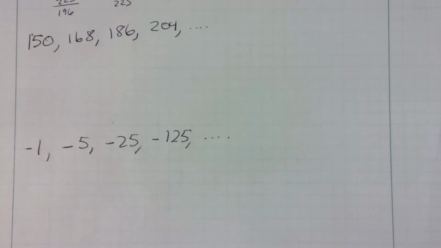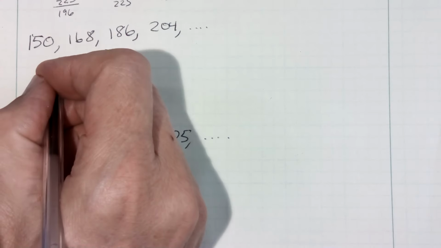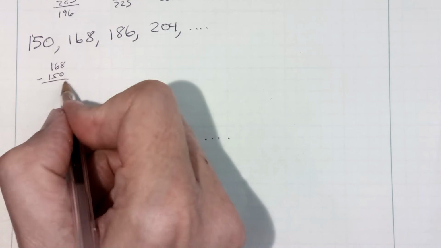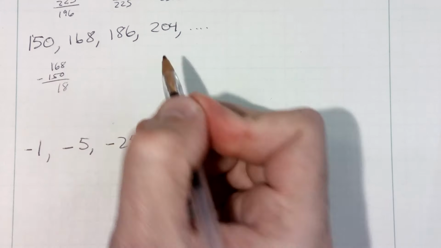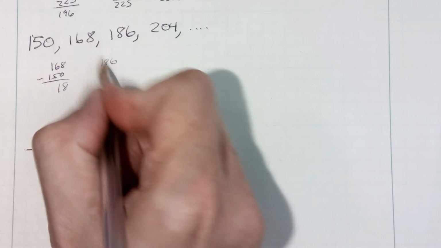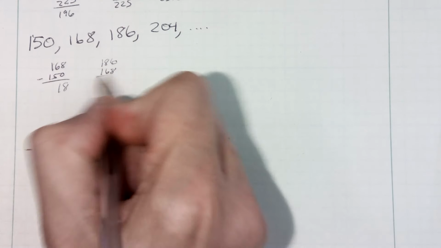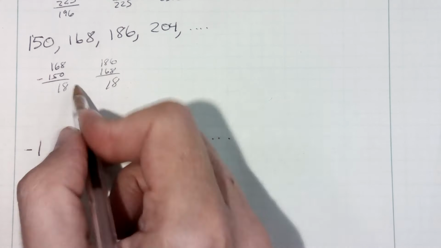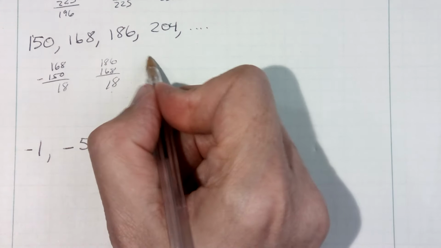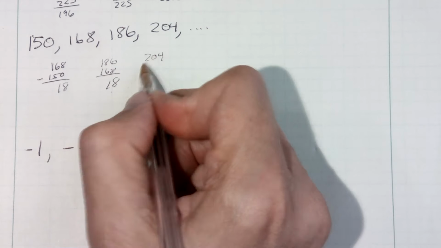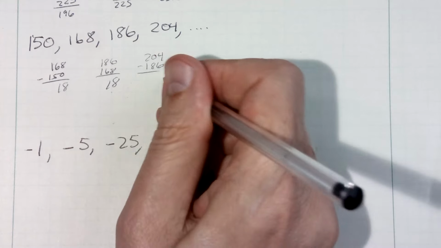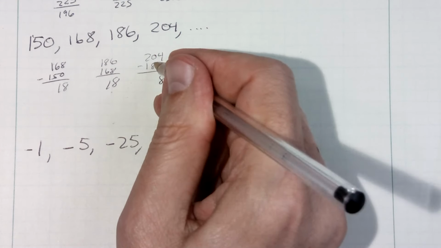Again, first thing I'm going to do is start taking the difference, 168 minus 150. That's going to be 18. Then I'm going to do 186 minus 168. Again, 16 minus 8 is 8, and 7 minus, that's 18. Oh, it's looking very good to be arithmetic, but let's keep going to make sure. 204 minus 186. Okay, 14 minus 6 is going to be 8. I had to borrow. 9 minus 8 is 1.